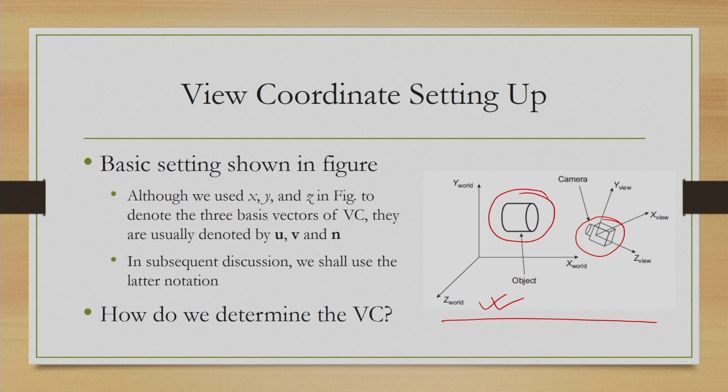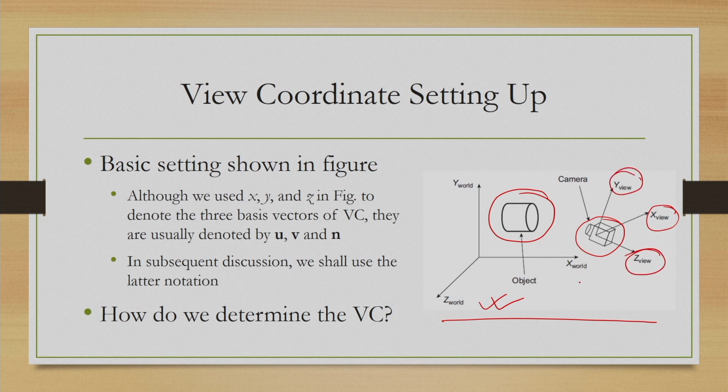through which we are looking at the scene, and this view coordinate system is characterized by the three principal axes x view, y view and z view.